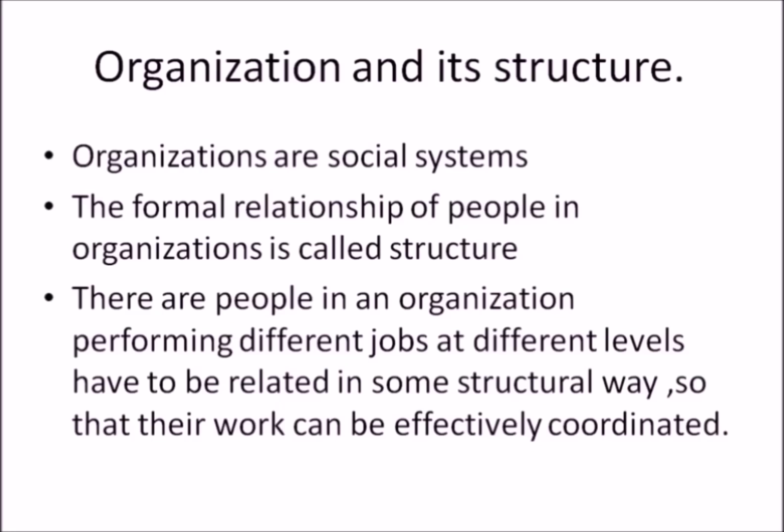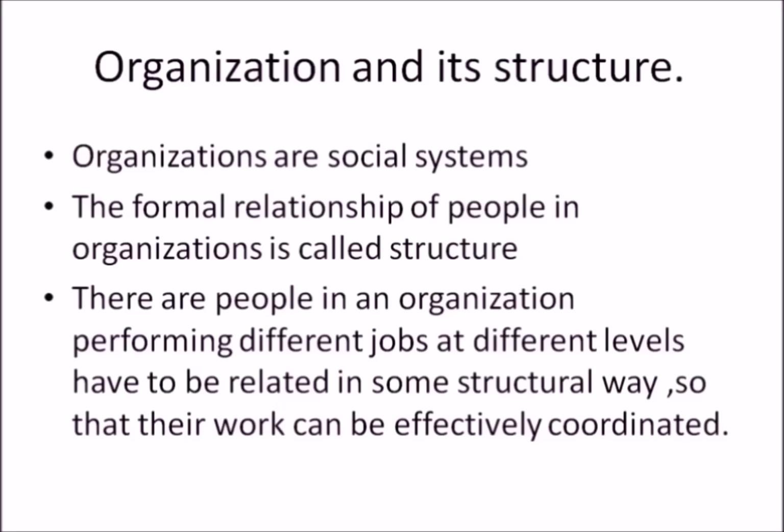That means there are people in an organization performing different jobs at different levels, who have to be related in some structural way so that their work can be effectively coordinated. In other words, an organization has an organization structure having various departments like operations, marketing, research and development, planning, like that.